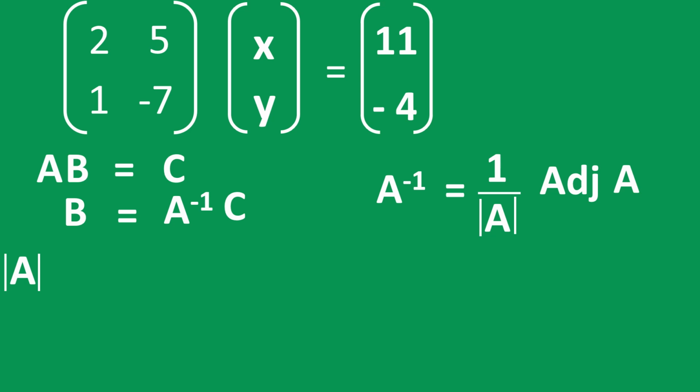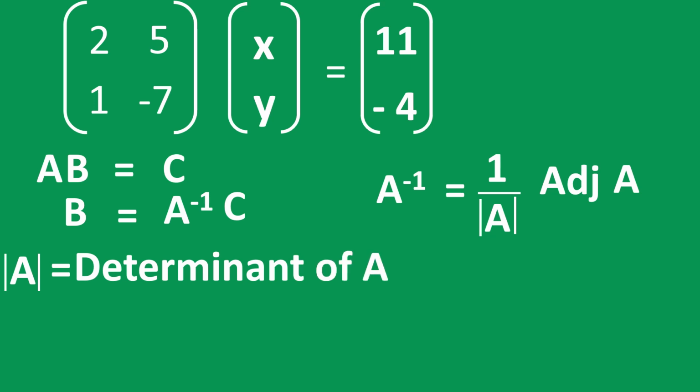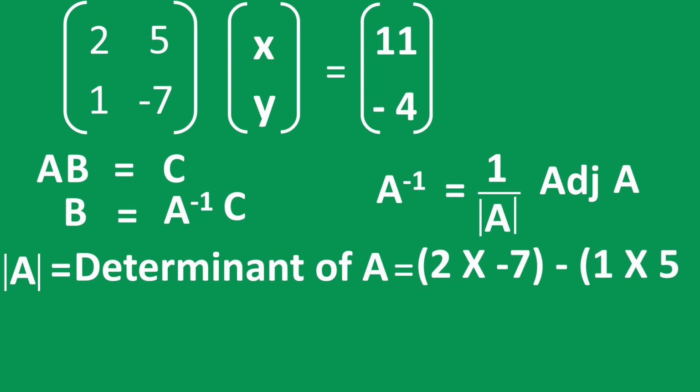That is the matrix A. We want to find out what the determinant of A is, and that's simply 2 times minus 7, minus 1 times 5.